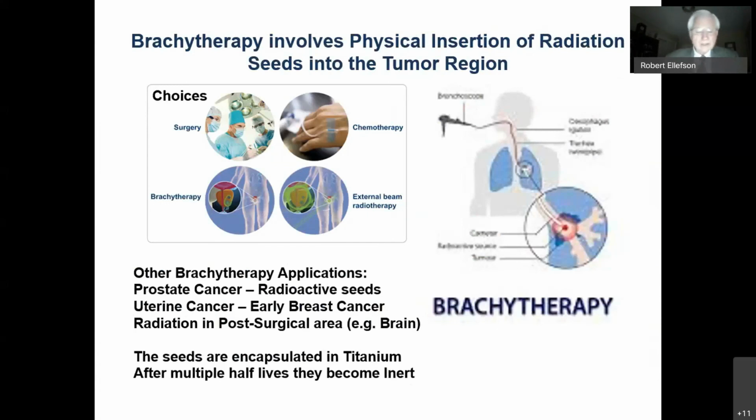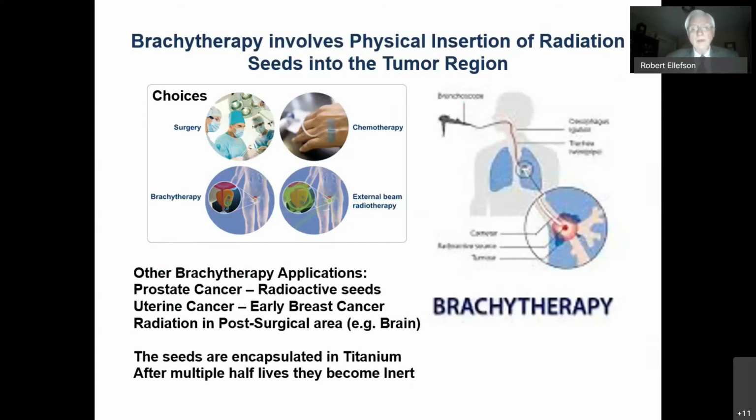So some of the applications are for prostate cancer, for uterine cancer, maybe breast cancer, and radiation in post-surgical areas, like if you remove a brain tumor and you're not sure you got all of the edges, you might want to put in some seeds to kill the remaining area, and eventually the seeds become inert and they no longer do anything.